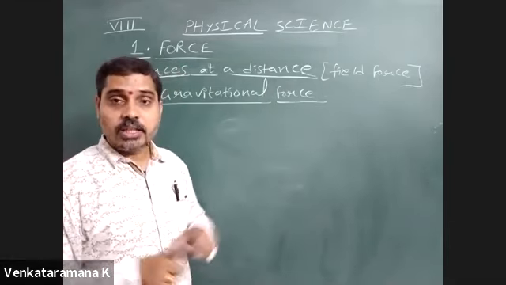And we already discussed electrostatic force. The force exerted by a charged body on another charged body is known as electrostatic force. So there are three types that come under forces at a distance, or field forces.